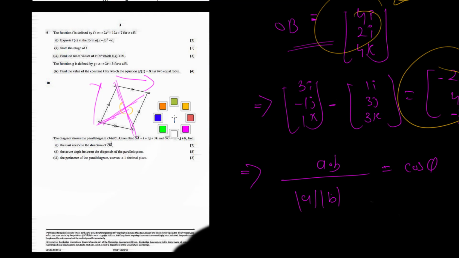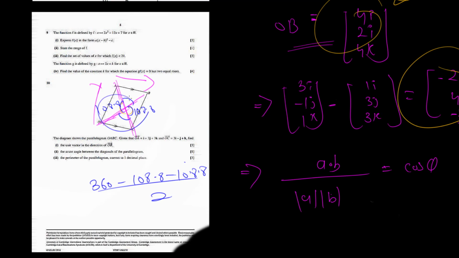This point is 108.8. So if you want to find the other two angles, the opposite one is also 108.8. All you have to do is 360 minus 108.8 minus 108.8, divided by 2, because all of the angles will add up to 360. If you do that, you will get the answer to be 77.4.